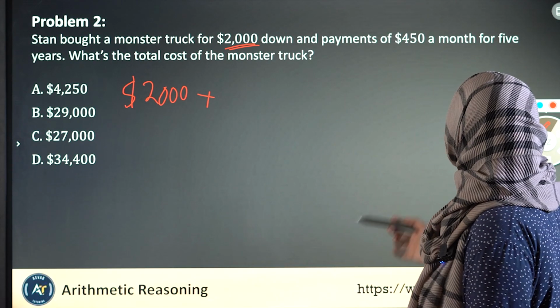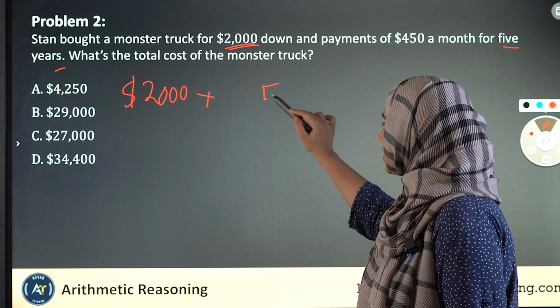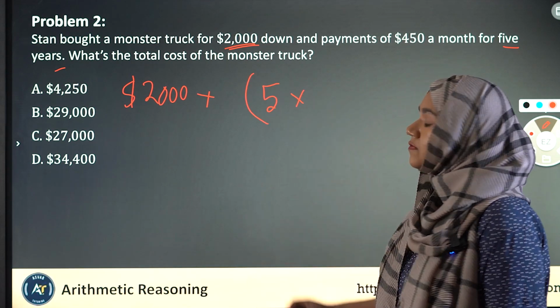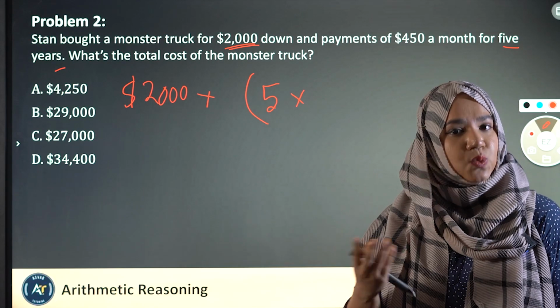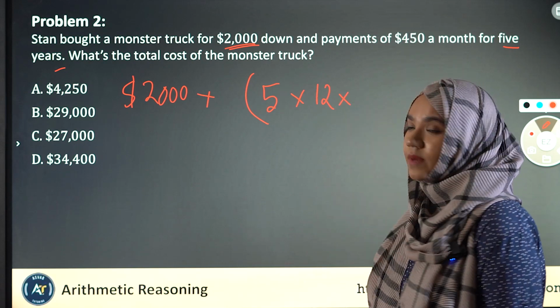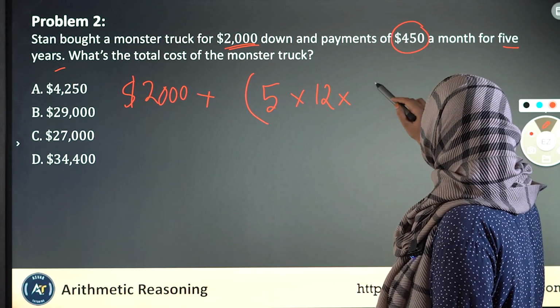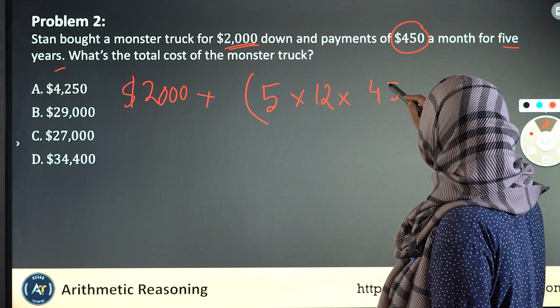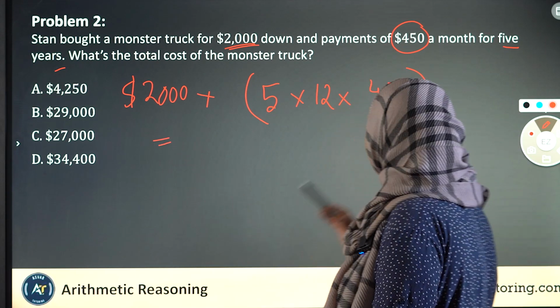But in addition, for 5 years in total, for each of the months, so how many months does a year have? 12, right? So for 5 years, he's going to have 5 times 12 months, right? So for each of the months, how much does he pay? He pays $450, okay?